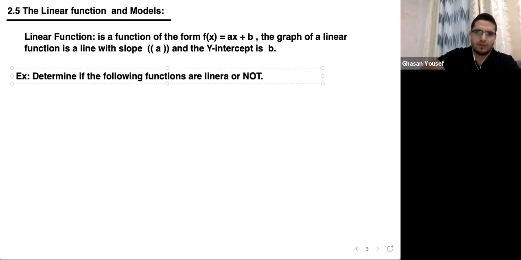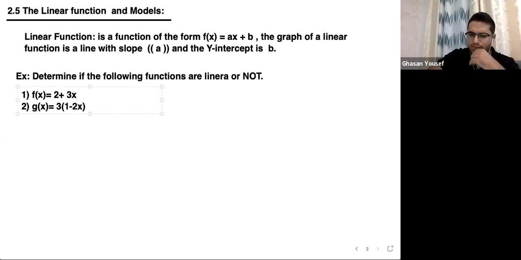Number 1, f of x equals 2 plus 3x. Number 2, g of x equals 3 times (1 minus 2x).